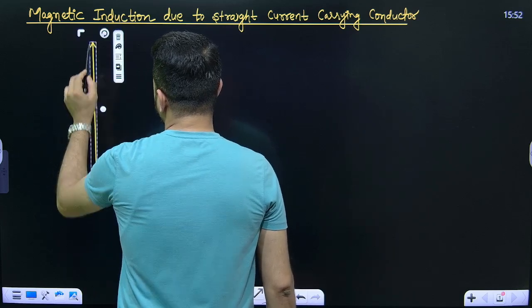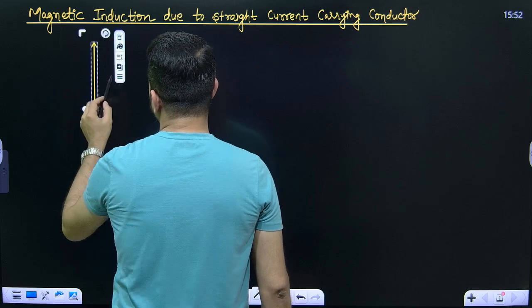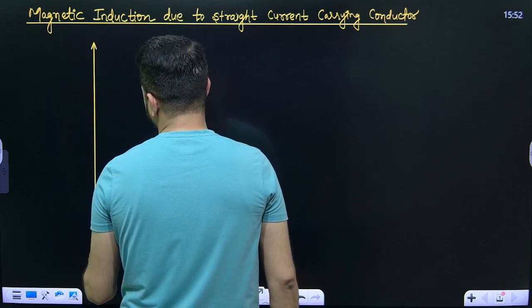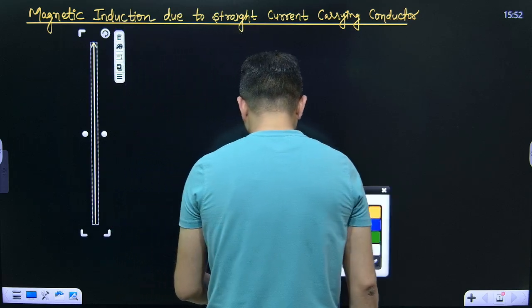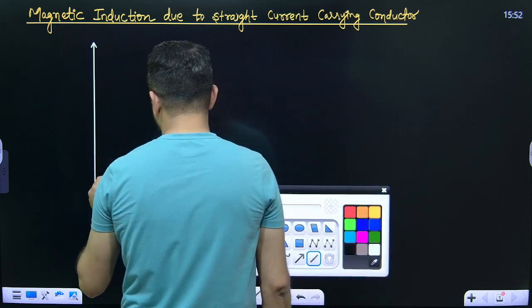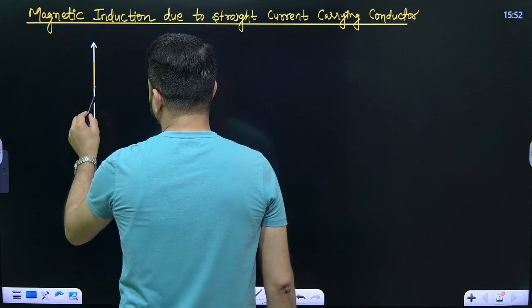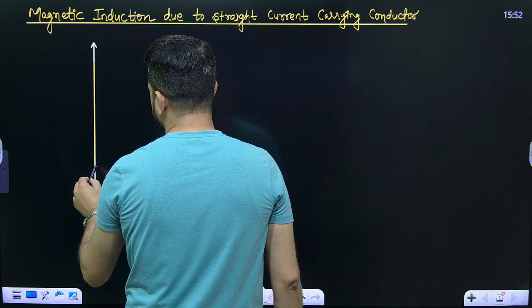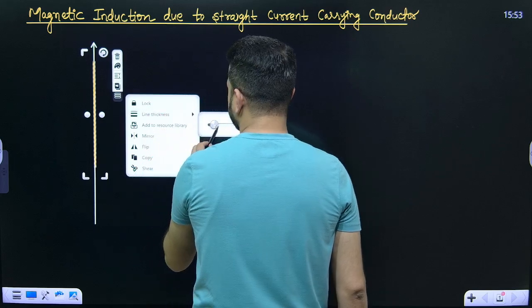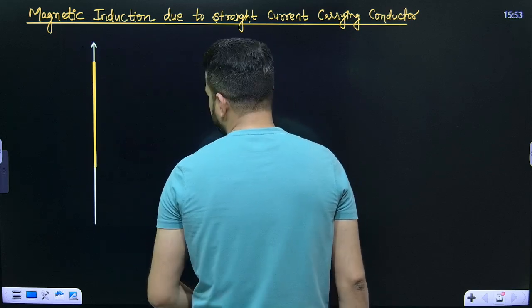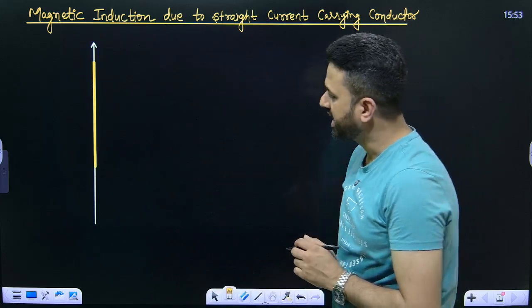Here, suppose this is the z axis, and along this axis we have a current carrying conductor which is straight. You can see this is the straight current carrying conductor.